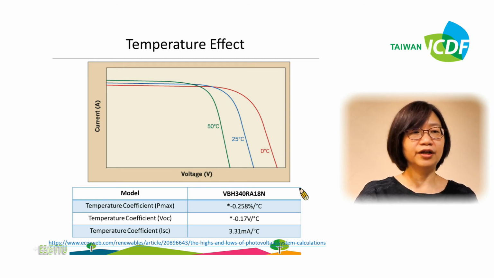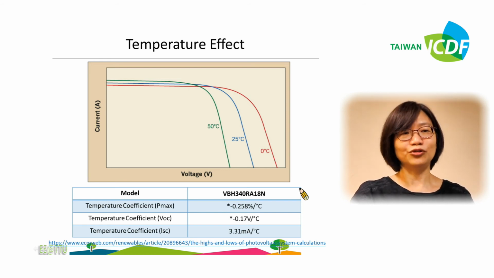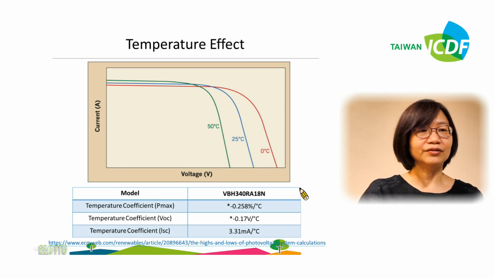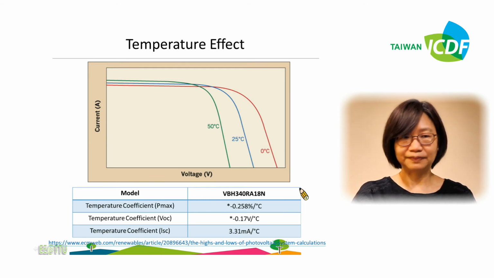Although we have a positive coefficient for the current, the overall output power still has a negative temperature coefficient, which means that on a bright sunny day, although more power is generated, due to the negative temperature coefficient, the power will be degraded.